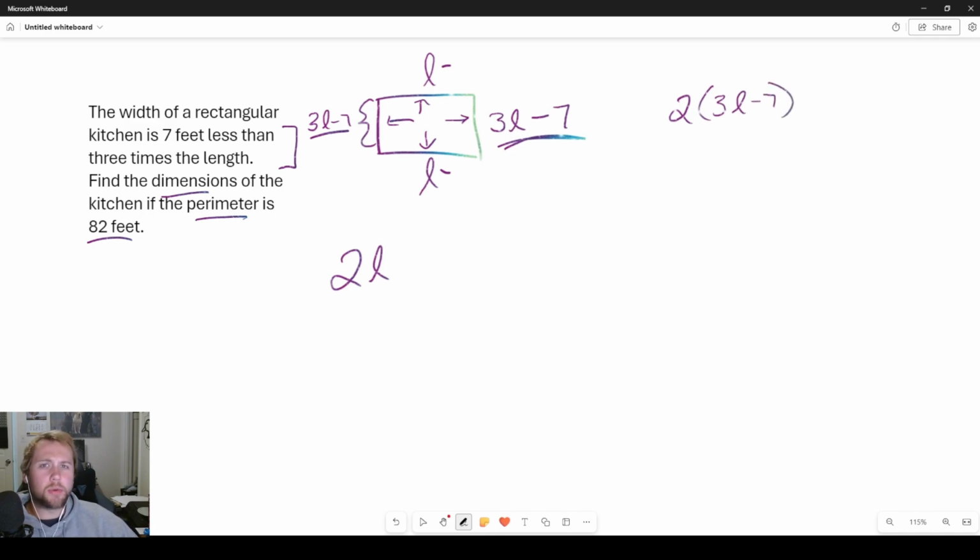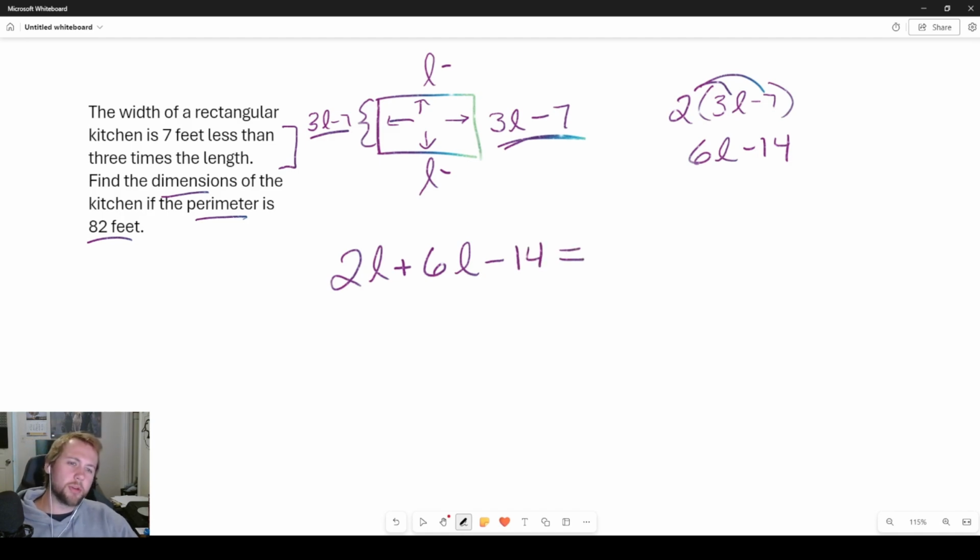It doesn't matter really which way you do it. But if I do it this way, I'd have 6L, and 2 times minus 7 is minus 14. I'm going to add all these together because I know that all the lengths plus all the widths is equal to the perimeter. Well, what's the perimeter that it gave us?